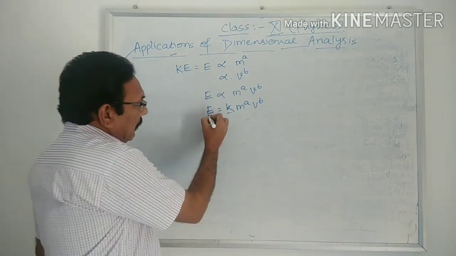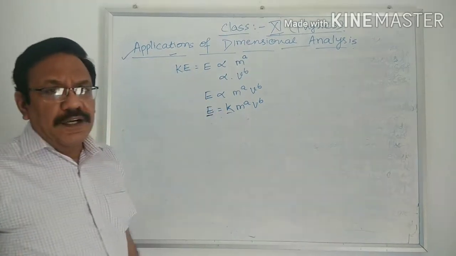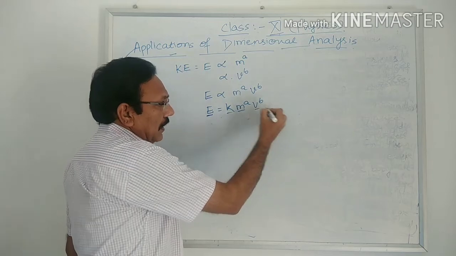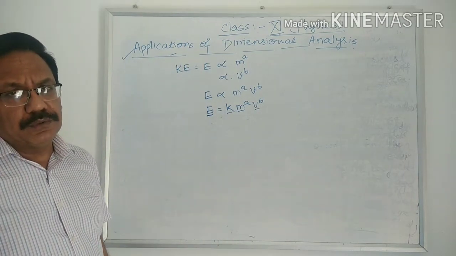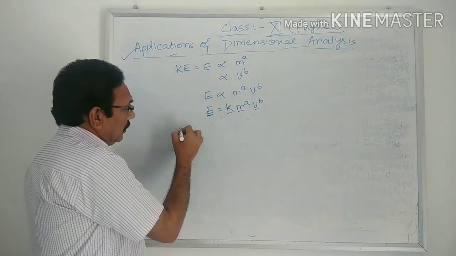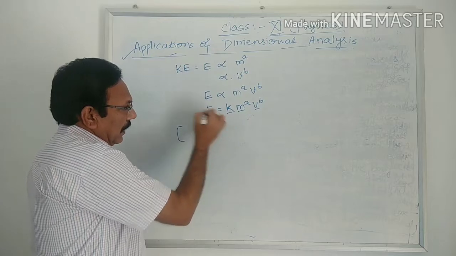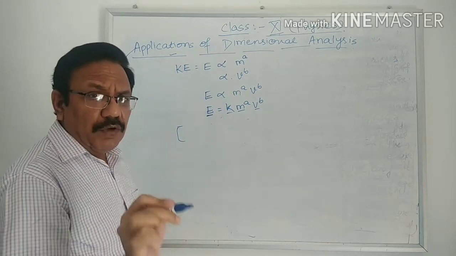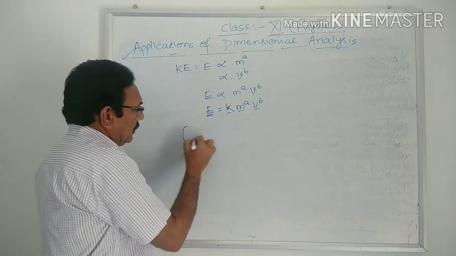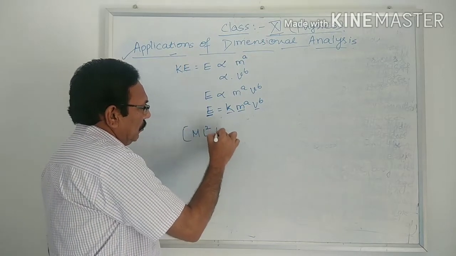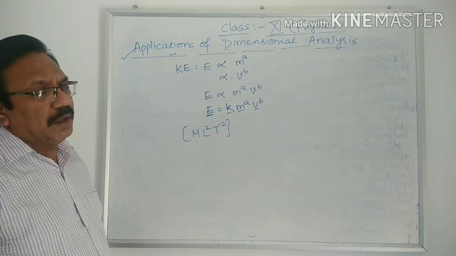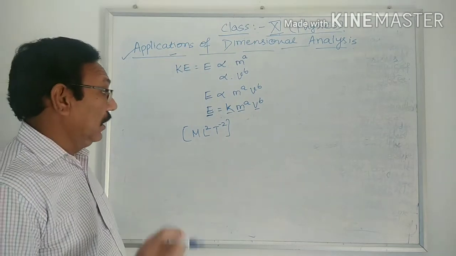Now we will place the dimensional formula for E, that of mass and that of velocity also. The dimensional formula of kinetic energy: kinetic energy is a kind of energy, so it is ML²T⁻², energy having the dimensions of work.